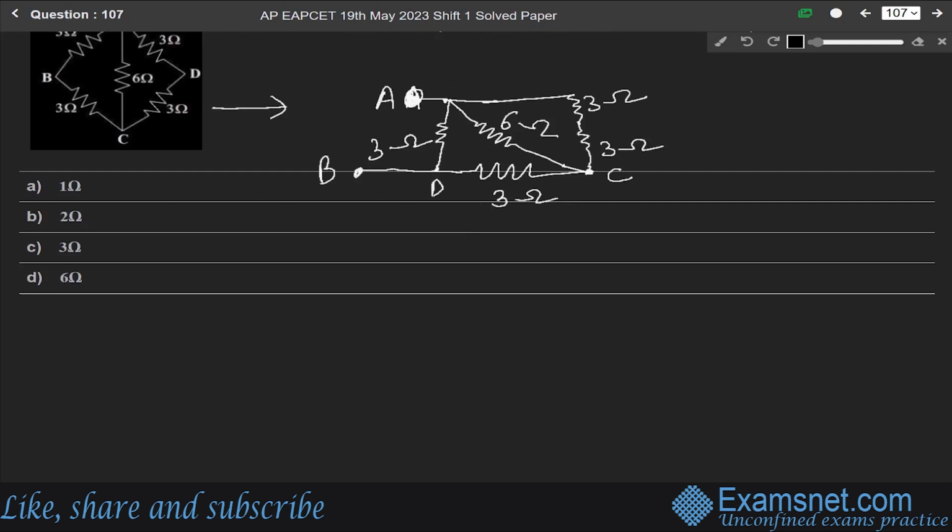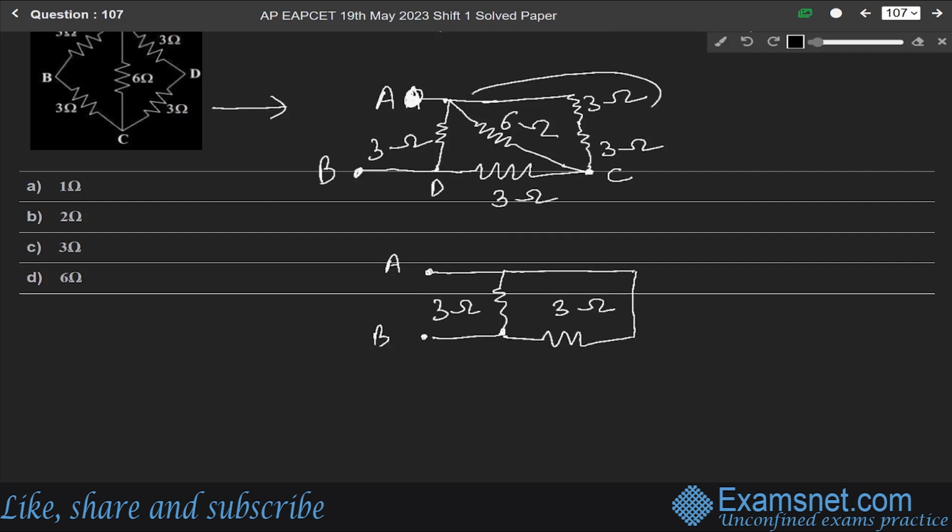Okay. So modifying this, we redraw this circuit, and we get this is point D. Again redrawing this circuit, this is point A, this will be 3 ohm. This is point B, and solving these, this is 3 ohm, because 3 ohm, 3 ohm, and this 6 ohm will become an equivalent resistance of 3 ohm.